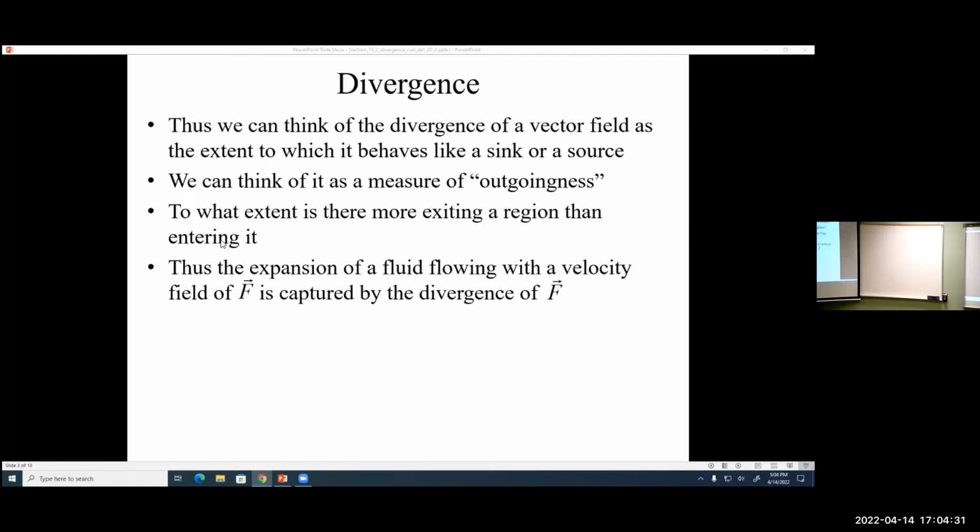Yep, we'll get our flux integrals in. So the expansion of a fluid with a velocity field F is captured by the divergence of F. One thing I want to mention, divergence is a scalar. It is just a positive or negative number. Positive means it's acting as a source. Negative means it's acting as a sink.